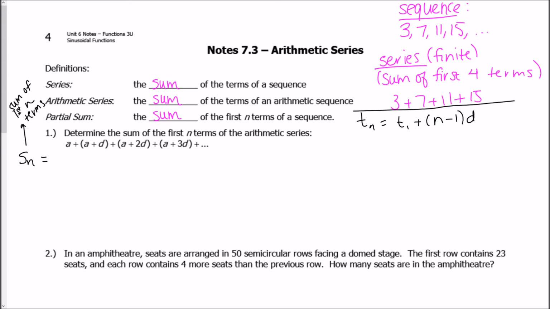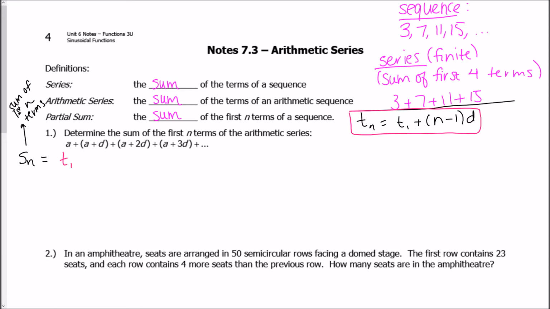I'm going to take my first term, which is a, but here I'm going to use t sub 1 so we can see how it relates to this explicit formula, or this general term. So a would just be t sub 1.